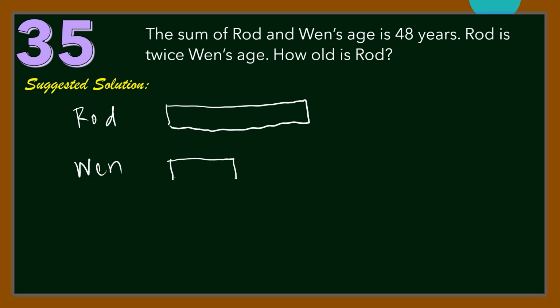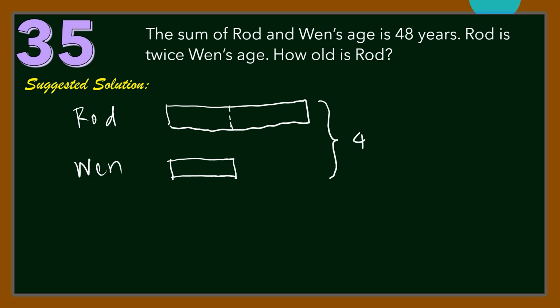Since Rod is twice as old as Wen, we can cut Rod's representation of his age by 2. Then this will be equal to 3 blocks representing Wen's age. The sum of these ages is 48, since Rod and Wen's age has a sum of 48 years.